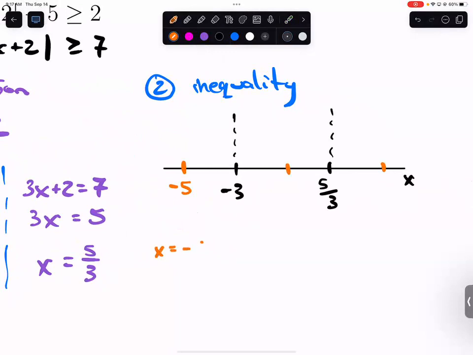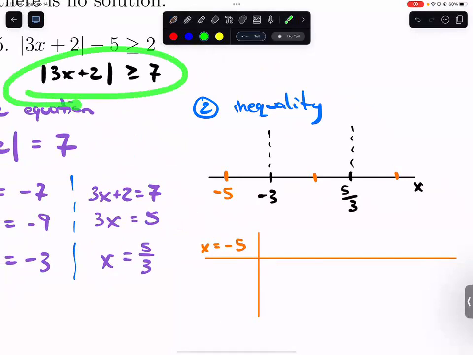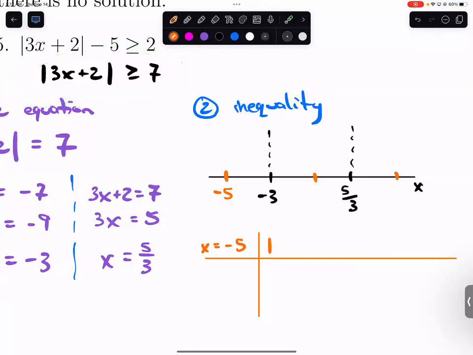What I want to do is figure out if that inequality is true or false. So I'm going to take -5, plug it into this and just check, yes or no, true or false, right? So the absolute value of 3 times -5 plus 2, -15 plus 2, so -13.